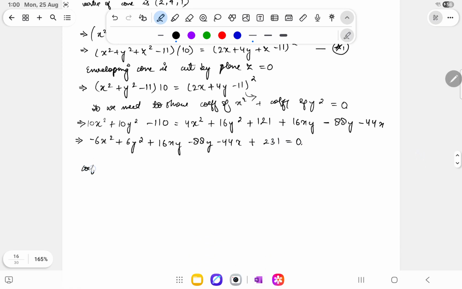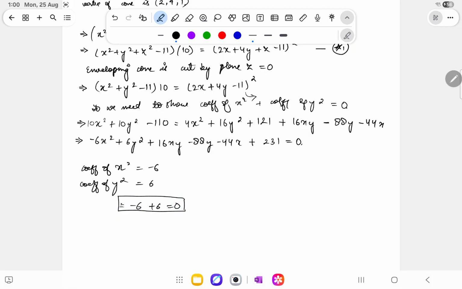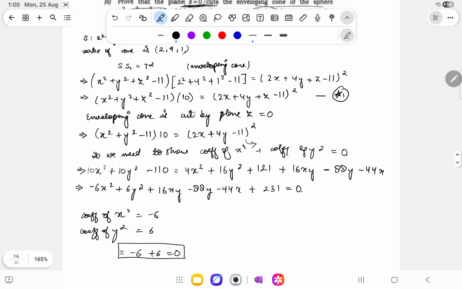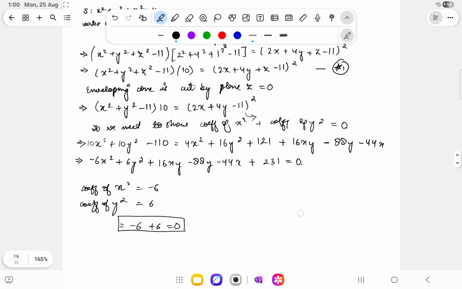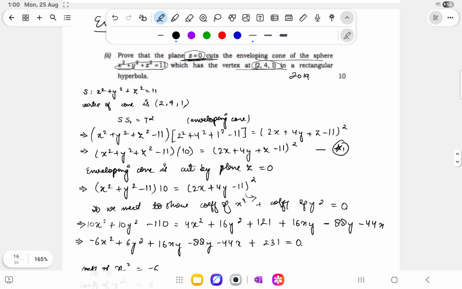My coefficient of x square is minus 6 and the coefficient of y square is 6, and their sum, minus 6 plus 6, is 0. So the plane z equals 0 cuts the enveloping cone in a rectangular hyperbola, which is what we were supposed to prove.